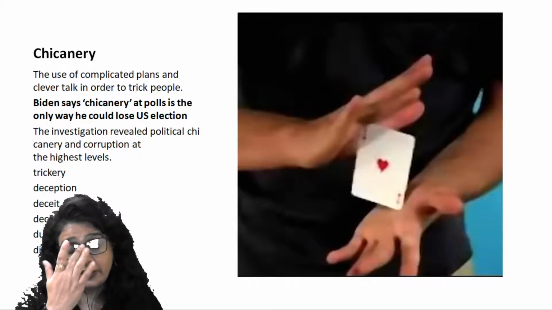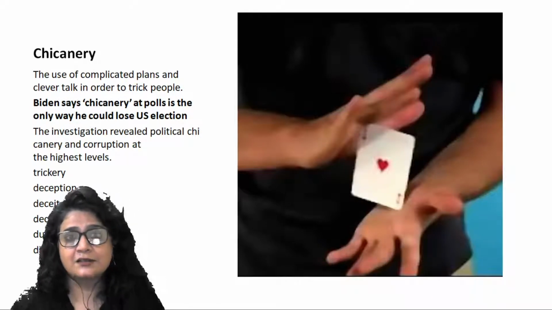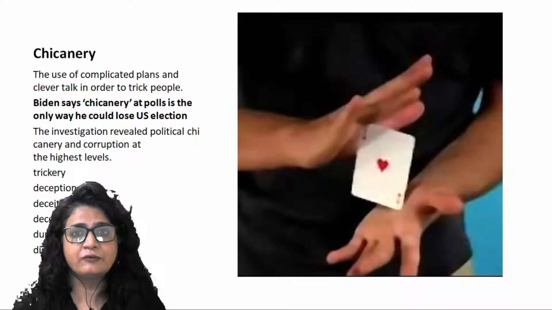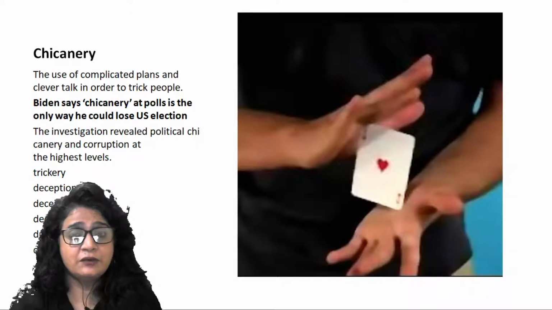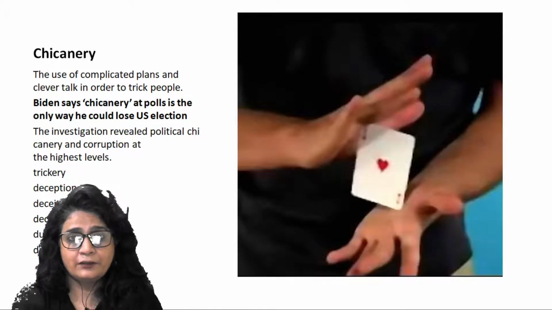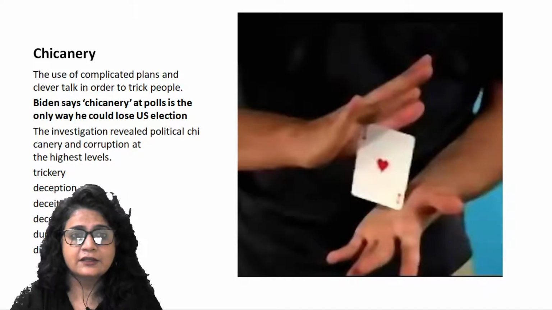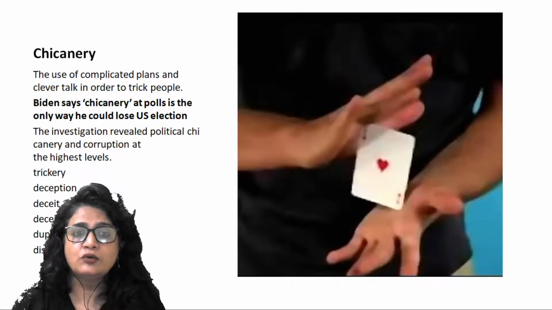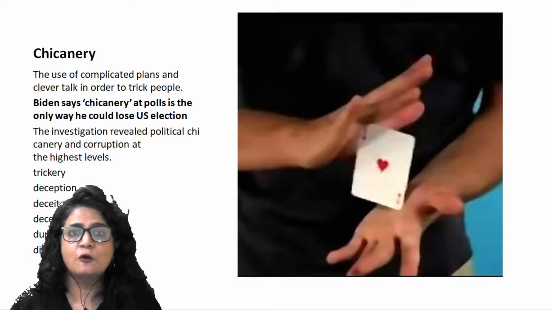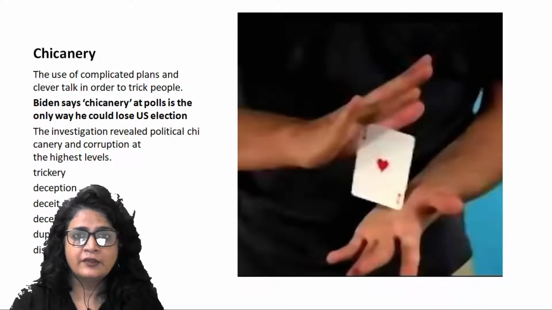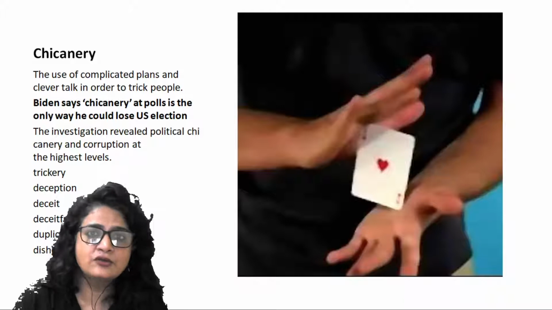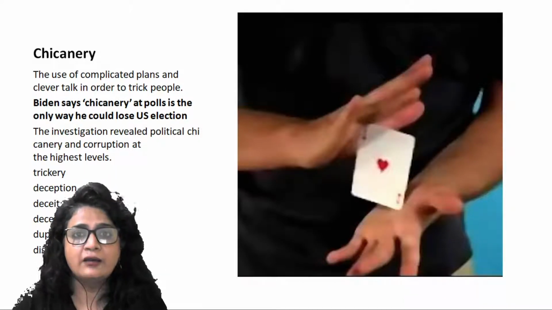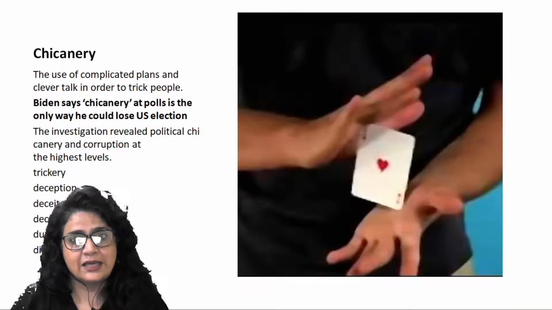Now this statement, I took it because it has come into the limelight in the backdrop of the American presidential election. Joe Biden, one of the presidential candidates, said chicanery at polls is the only way he could lose the US election. He's so confident that people are going to vote against Donald Trump and that he is going to win, that he says only chicanery is going to make him lose this election.